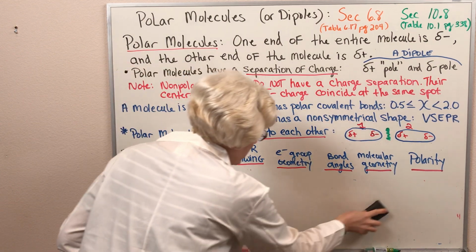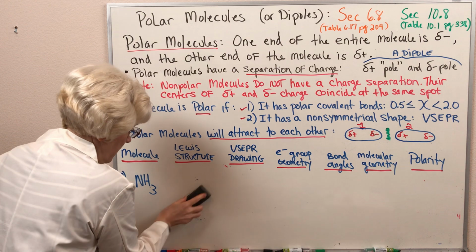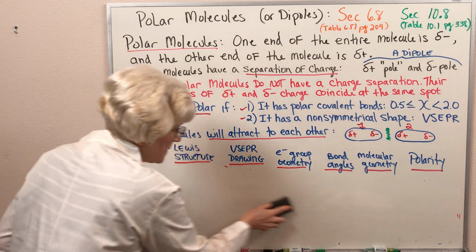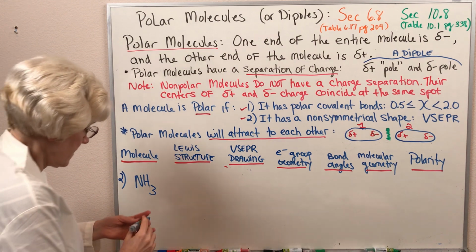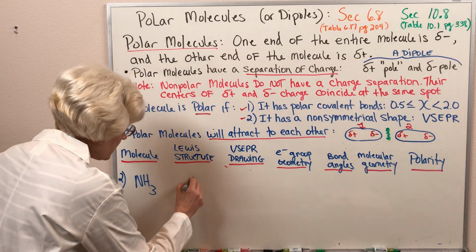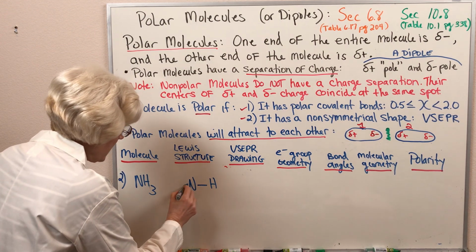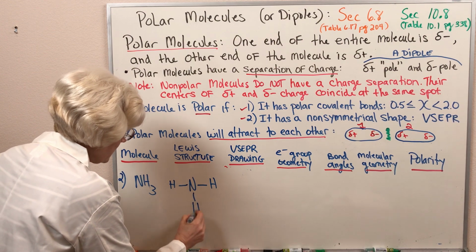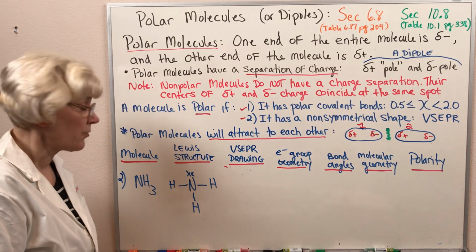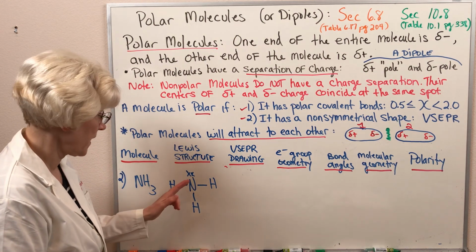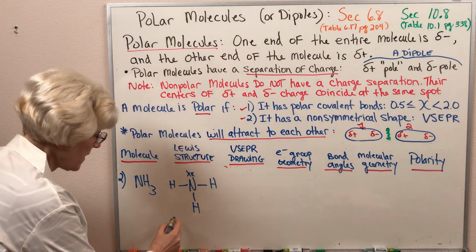If you draw the Lewis structure for the ammonia molecule, you'll see that nitrogen is central, the 3 hydrogens are bonded to it, and there is a lone electron pair or unshared electron pair on the nitrogen as well.